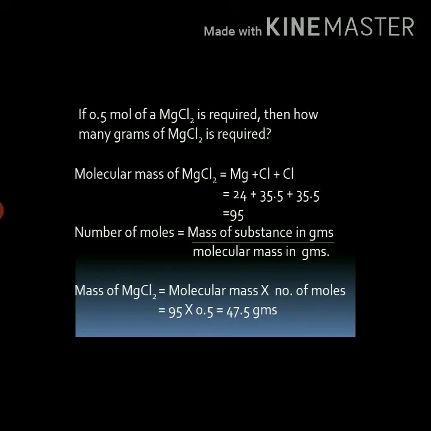We are using the same formula. Number of moles is mass of substance upon molecular mass. So mass of substance is equal to molecular mass into the number of moles, that is 95 into 0.5, that is 47.5 grams.